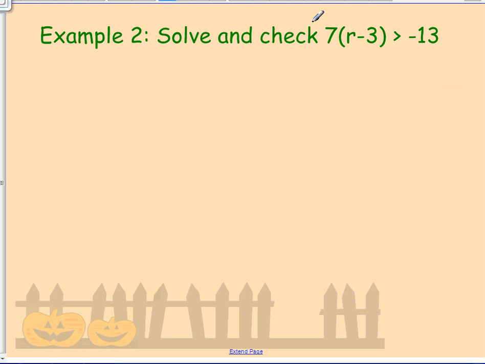Okay, so we have 7 times r minus 3 is greater than negative 13. In this case, we need to remember we have a distributive property here.